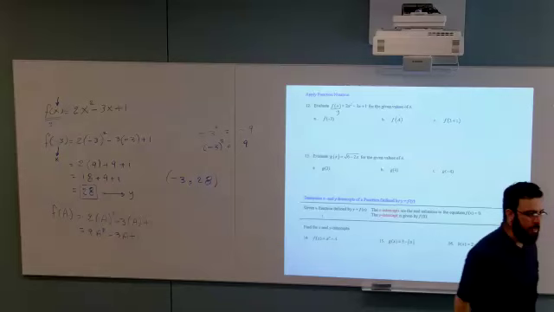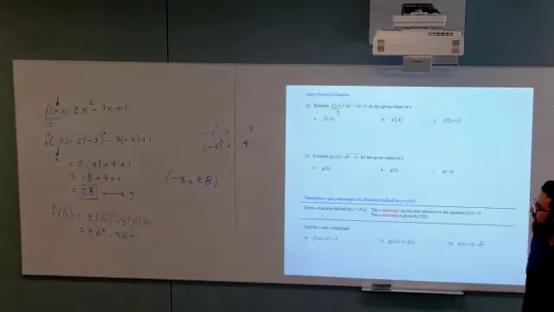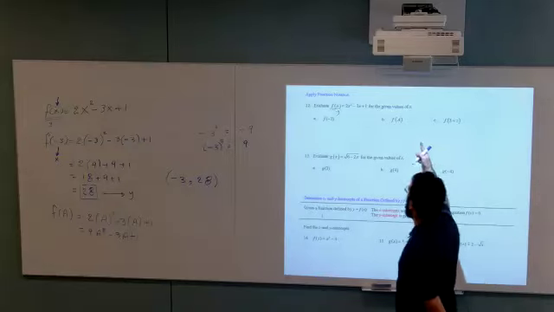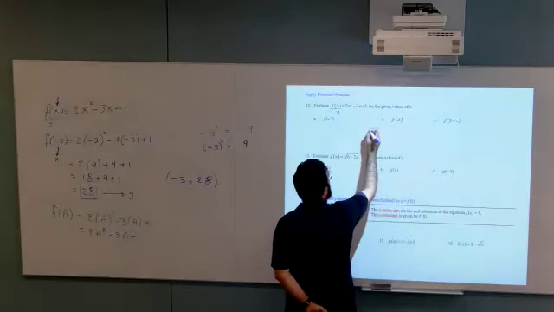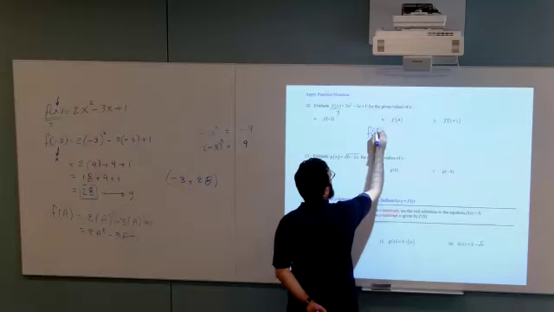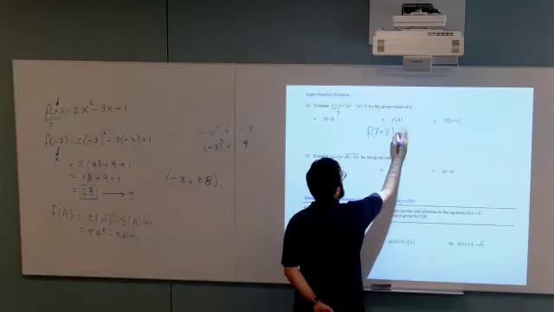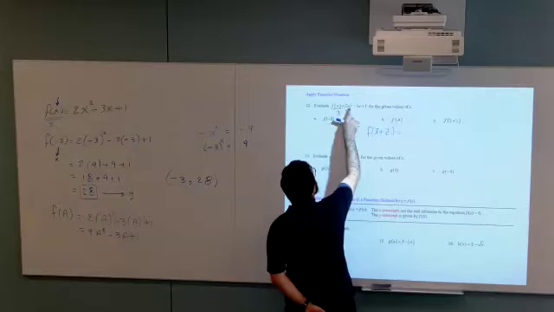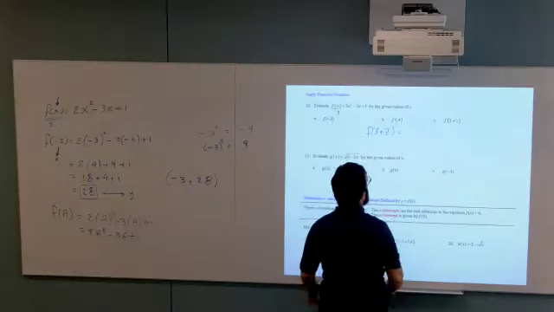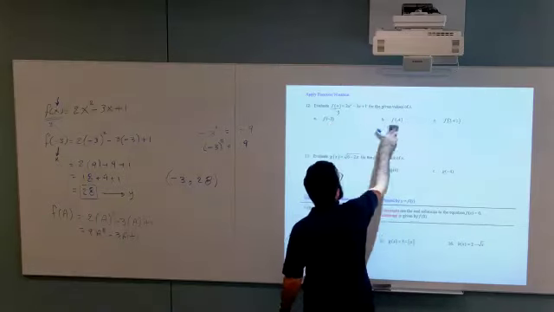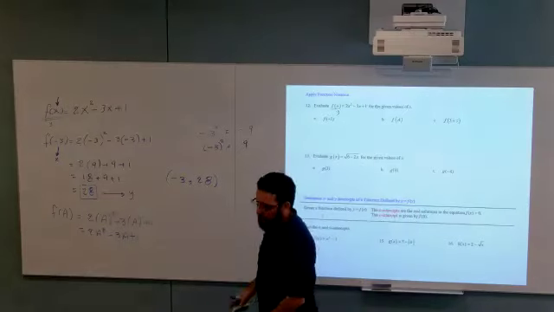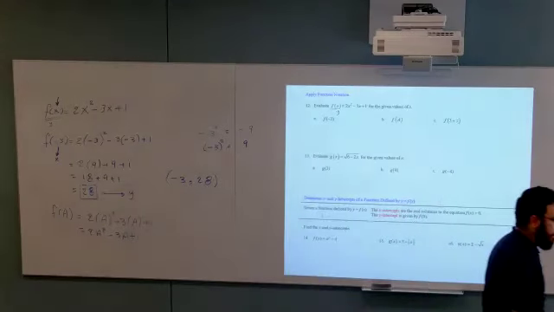Okay, and the last one, can we do the same thing? Let's start here. So f of 3 plus z. I'm going to plug in instead of each x, but this one you have to simplify.